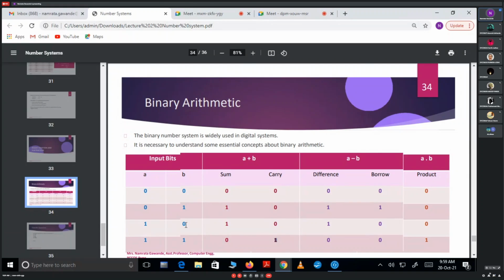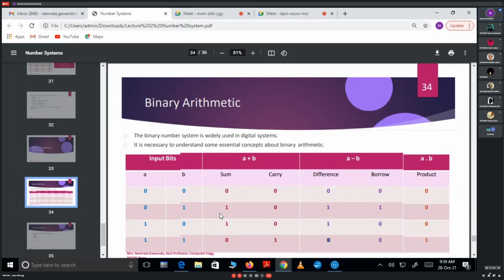0 means low and 1 means high. Low minus high always gives a high result: 0 minus 1 is 1, 1 minus 0 is also 1, but 1 minus 1 is 0.